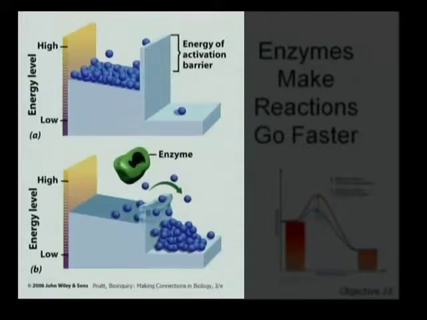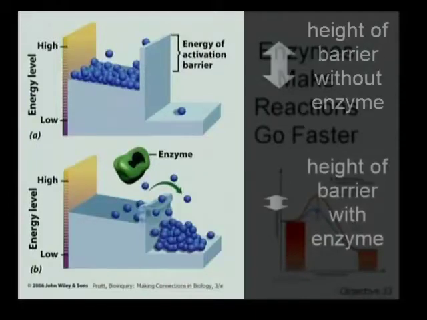Sometimes that thermal energy is going to cause them to collide in such a way that a chemical reaction can take place. When that energy is sufficient to cause those reactants to come together in a way that reforms bonds, then they've gotten over this activation energy barrier.